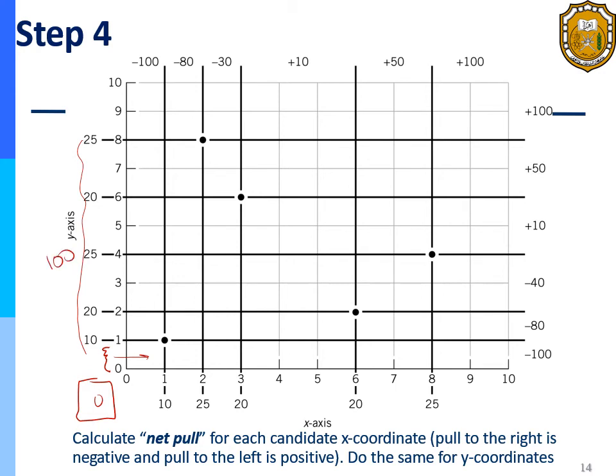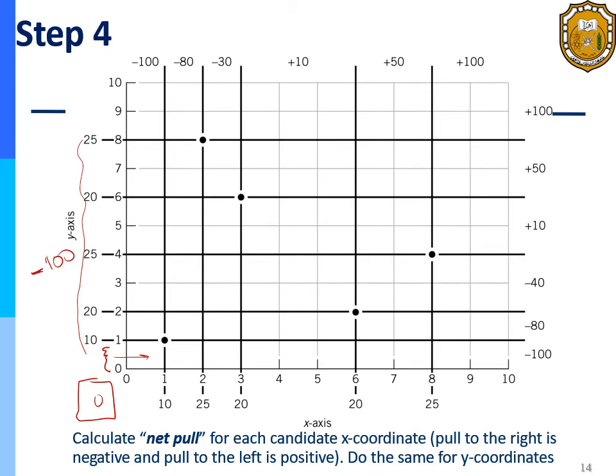Similar to the previous case, pulling towards right has a negative weight and towards left has a positive weight. And here, up has a negative weight and down has a positive weight. Since up has a negative weight, this is negative.